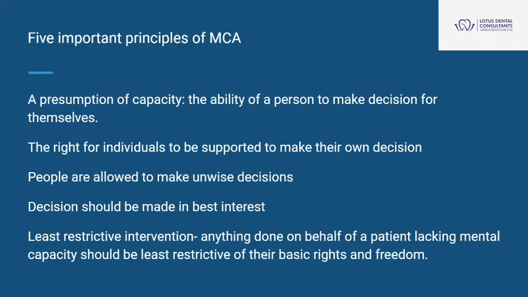And if he says no, I can't take a decision, then the second step is to contact somebody else to take a decision on their behalf. But our best ability should be to use the patient's ability to give the decision. Next, the right of individuals to be supported to make their own decisions. So as I explained, make sure you explain every detail of the treatment, maybe repeated 2 or 3 times, and help them to take a decision.